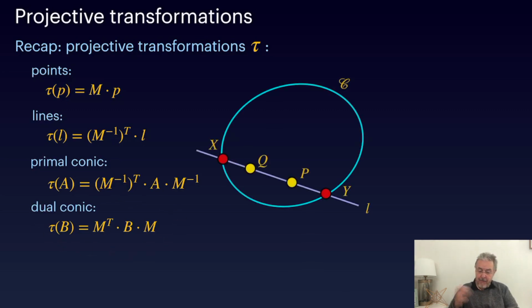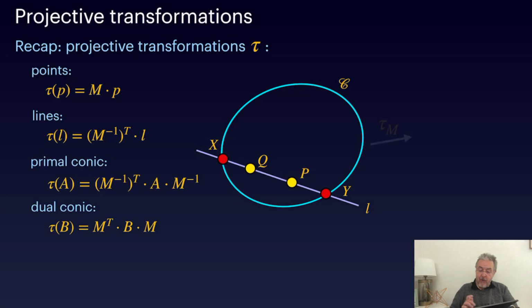So let me just give a little example of how projective transformations interact with the objects. Assume we have this configuration that you see here. You have 2 points and a line through them, a conic and the 2 intersections here.